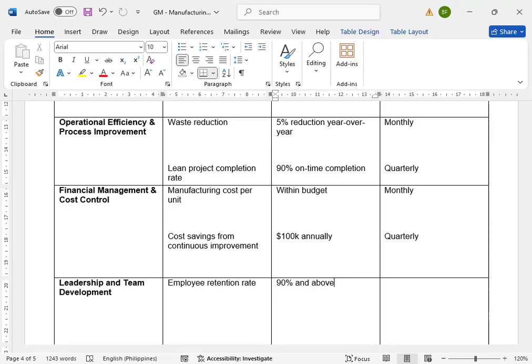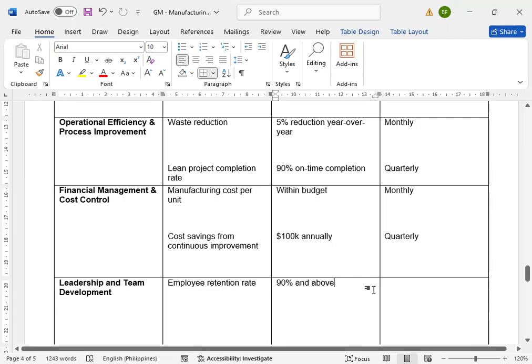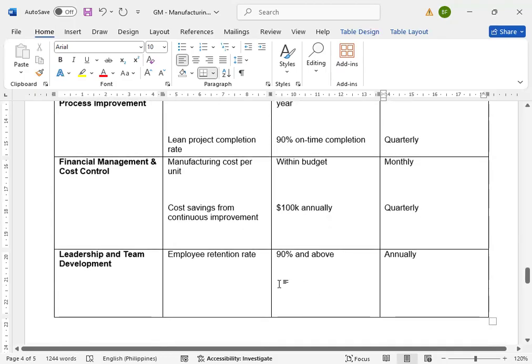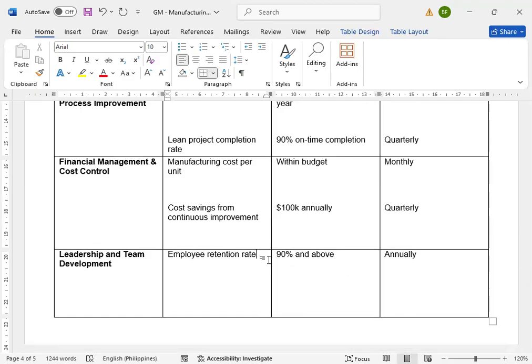So it should be 90% and above, annually. You're doing planning every year, and you see how much you have experienced in terms of employee turnover. So the second aspect would be the training hours.